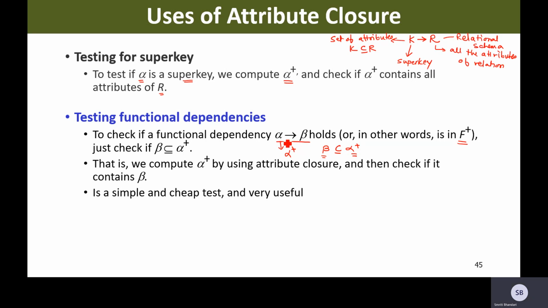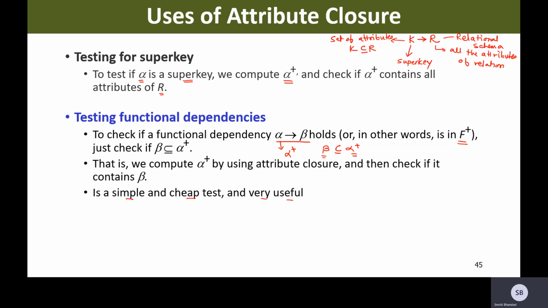So we compute the closure of the left hand side of the functional dependency, and if this closure includes the right hand side of the functional dependency, then we may say that this functional dependency is valid. In fact, this is a very simple and cheap test, and it is very useful to find out whether a functional dependency is valid for a relation.